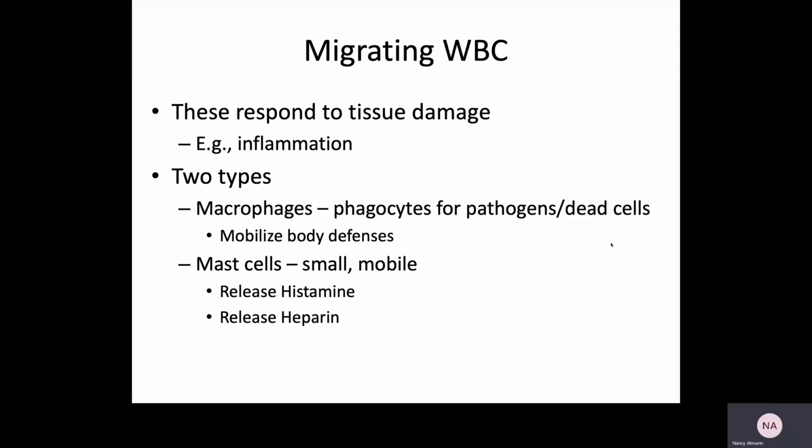They come and lyse pathogens and dead cells, and they also send out chemical messengers to mobilize body defenses. Mast cells are very small and quite mobile, and they are going to release histamine. What does histamine do? They will also release heparin. And what does heparin do? We'll talk about those in class if somebody reminds me.